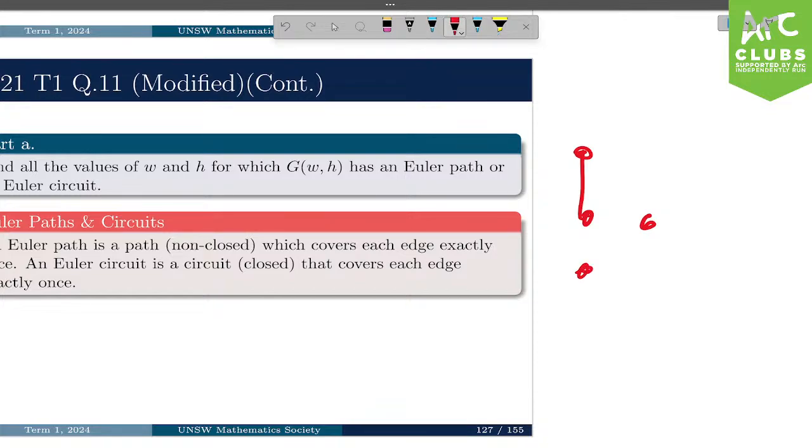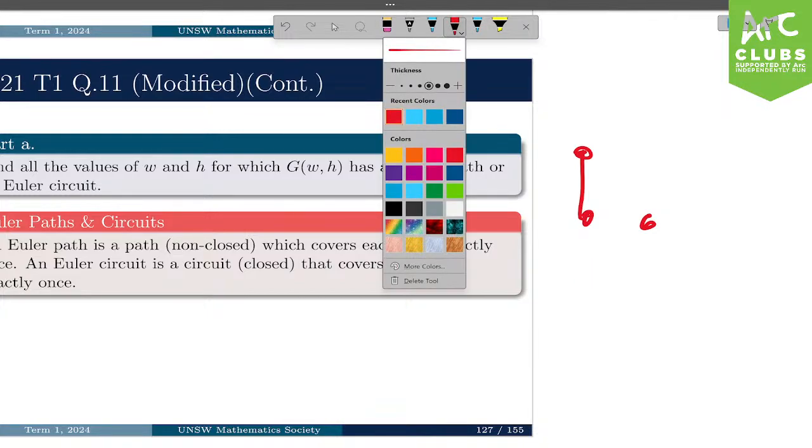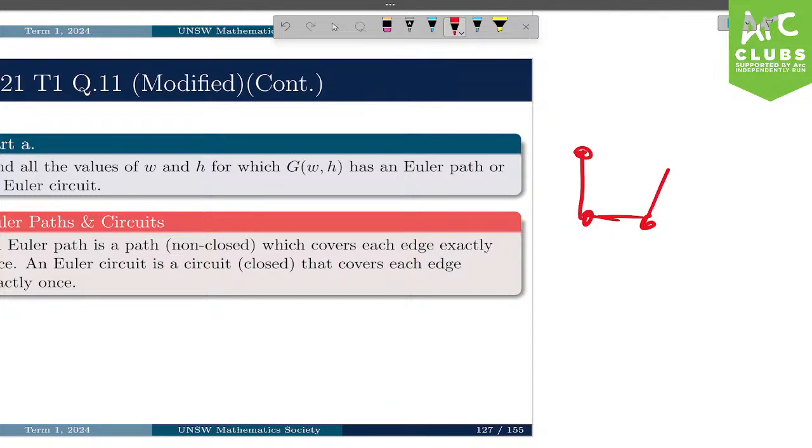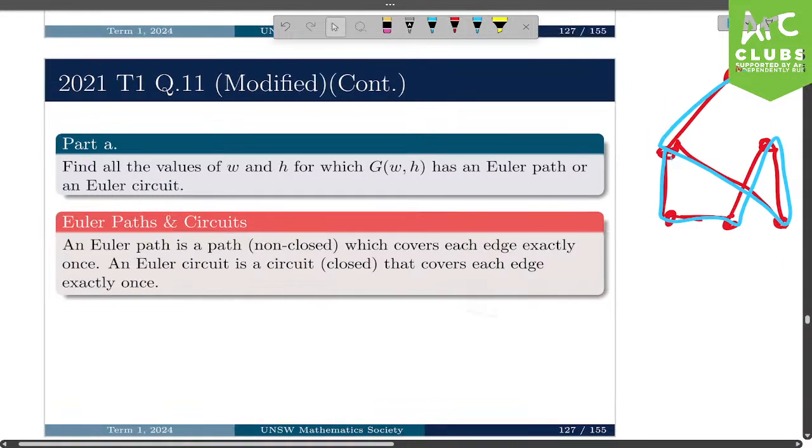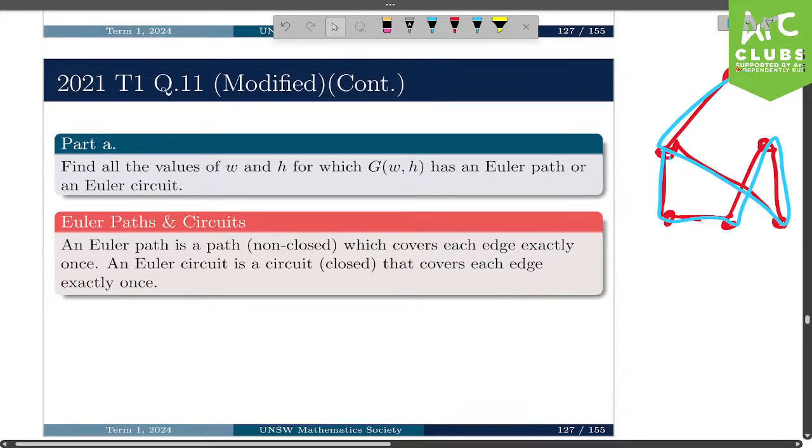But if I was to try and do an Euler path, I might do something like this. Notice that I don't revisit the same node. It's non-closed, right? So it's by definition a path, okay? So that was an Euler path because I didn't go back to the same node. And the previous one, where I went back to the same node and visited every edge, is an Euler circuit.